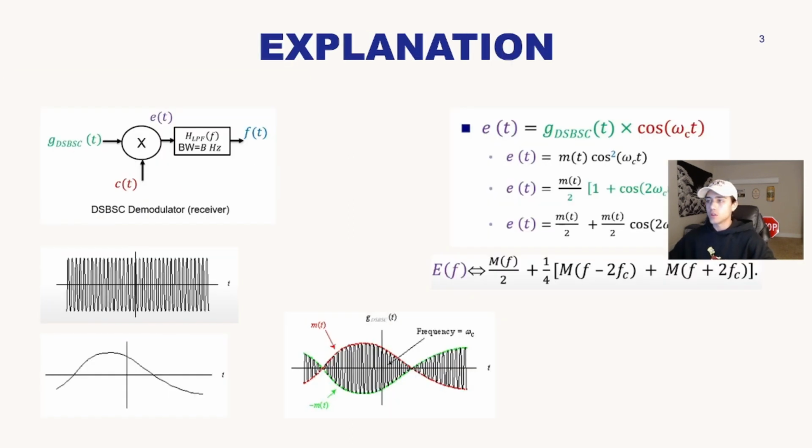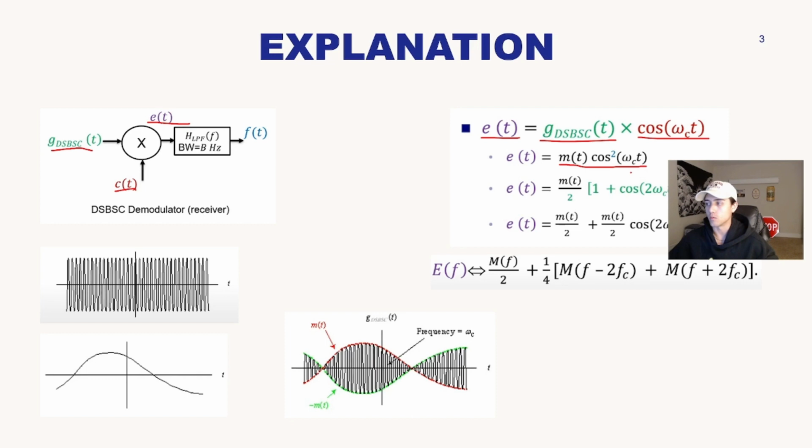Okay, perfect. So the explanation for this problem: here we have a DSB-SC demodulator. We receive the signal g(t), and we multiply it by c(t), which is our carrier, and we result in e(t). Now e(t) is basically the signal that we receive times a cosine wave, which is essentially our carrier frequency, and it results in m(t) times cosine squared.